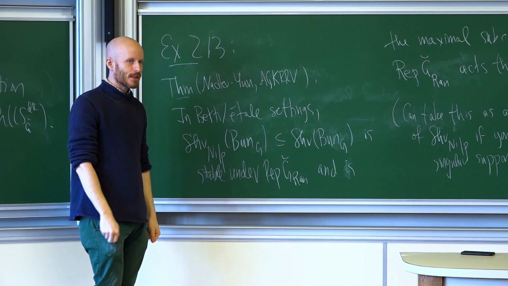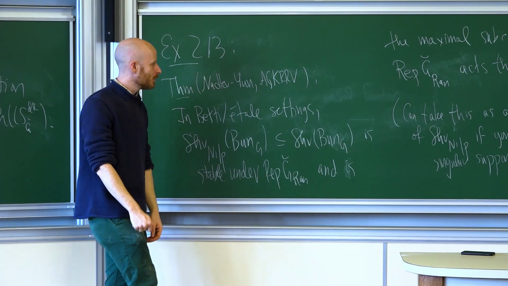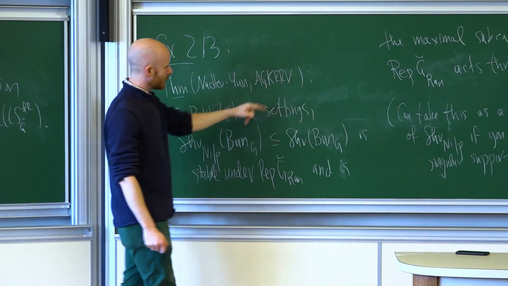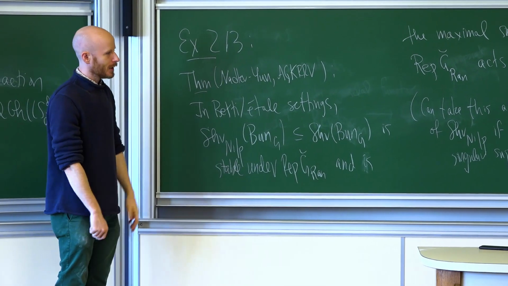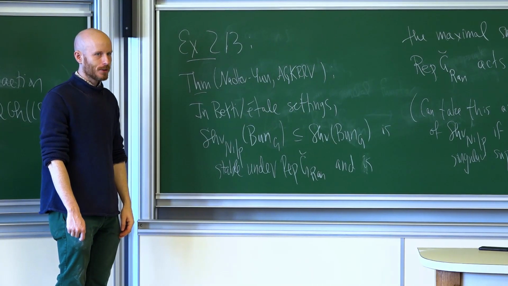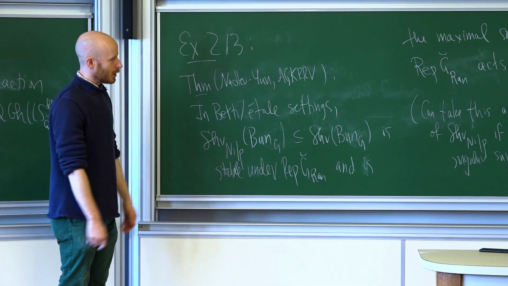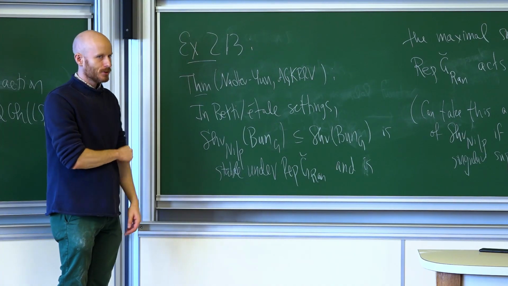That's basically what Nadler and Yoon prove. And what's proved here is essentially the converse, that if you have that property under the Hecke functor, then you actually were in sheaves nulp.